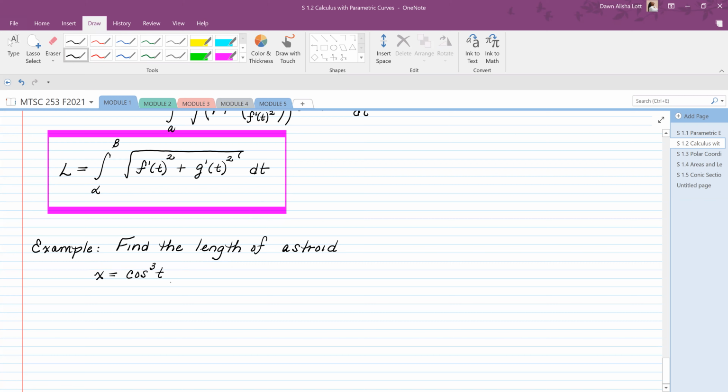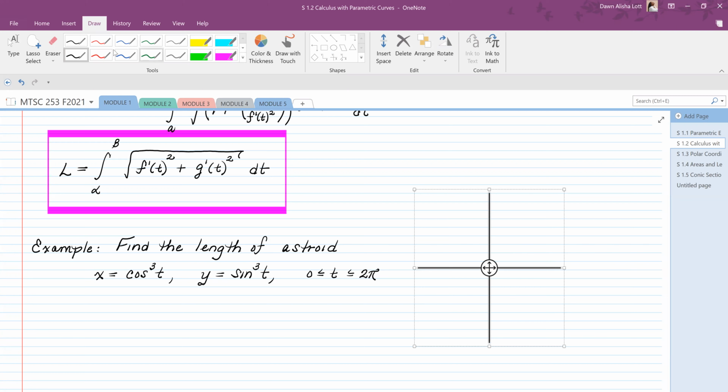This should look familiar to you. y is equal to sine cubed t, with 0 less than or equal to t less than or equal to 2 pi. So here a is 1. I did one earlier. So it looks like this.